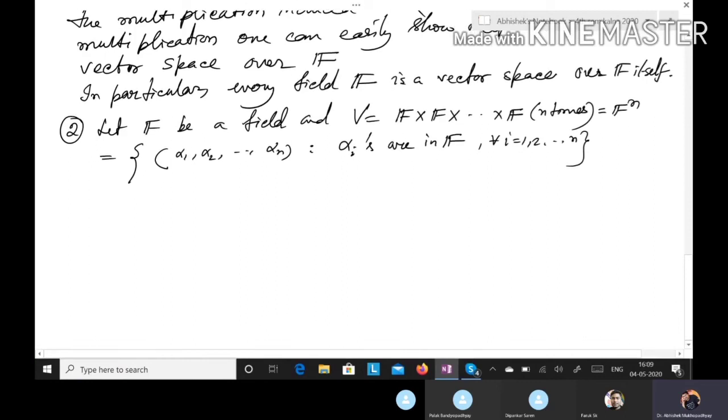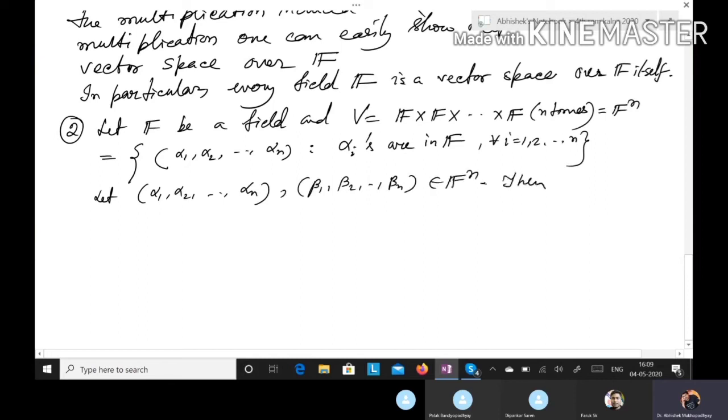Now we can define vector addition and scalar multiplication. You can define the addition component wise and scalar multiplication as follows. Let us have two elements, alpha 1, alpha 2, ..., alpha n and beta 1, beta 2, ..., beta n in Fn.